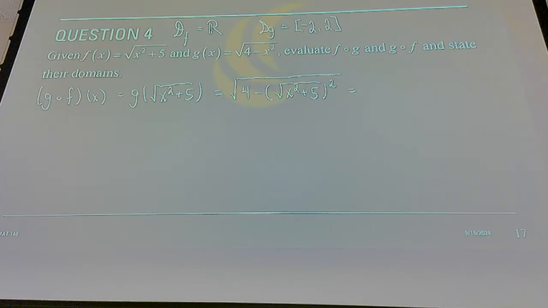X squared plus... You dropped something. Negative x squared, subtract 1.